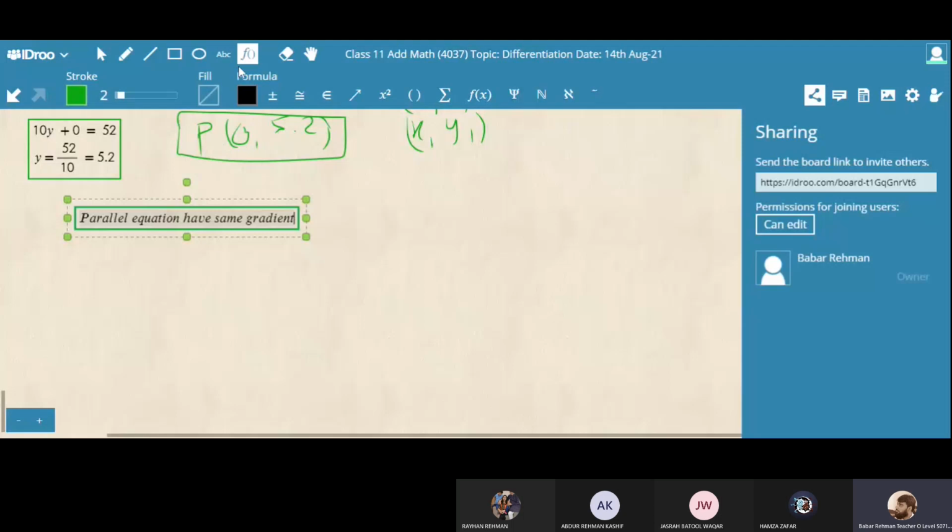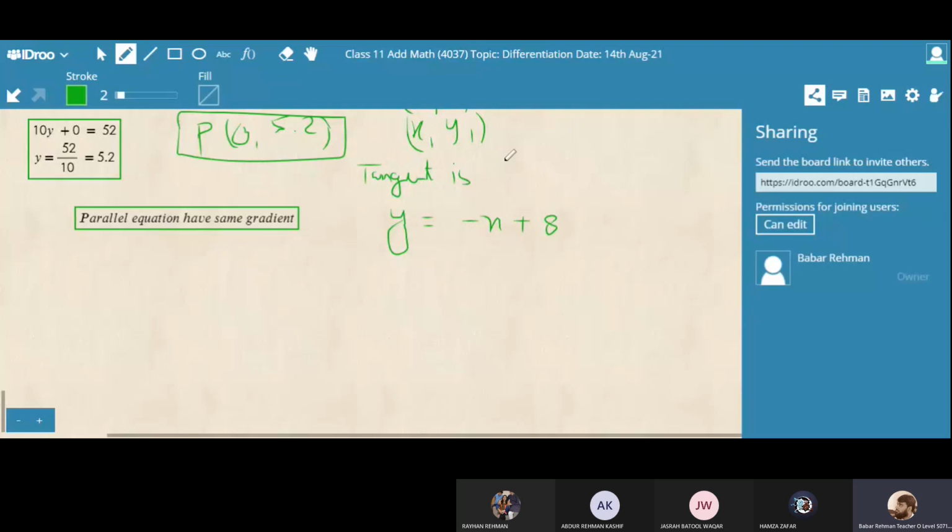For example, if I give you one equation, y is equal to minus x plus 8, and the tangent is parallel to this, then you don't need to find the gradient from the derivative formula.